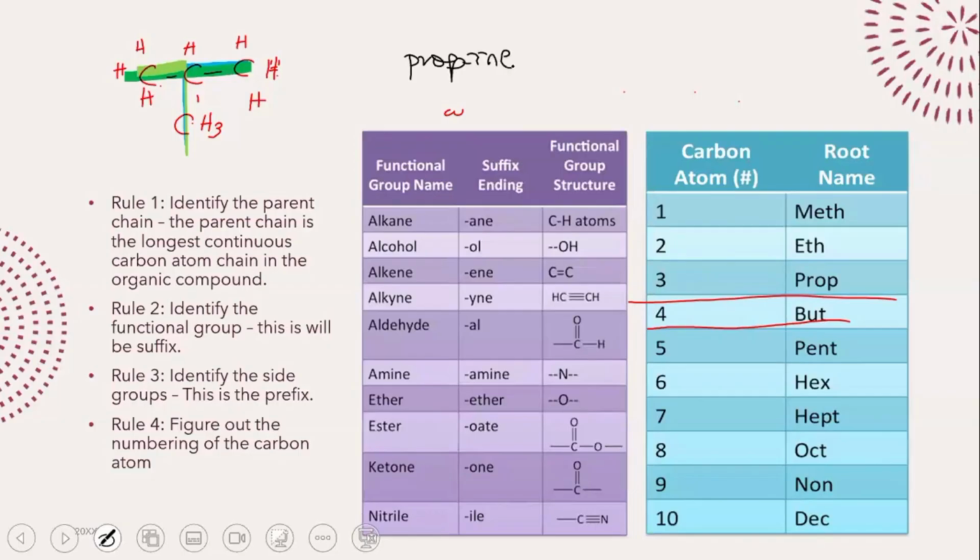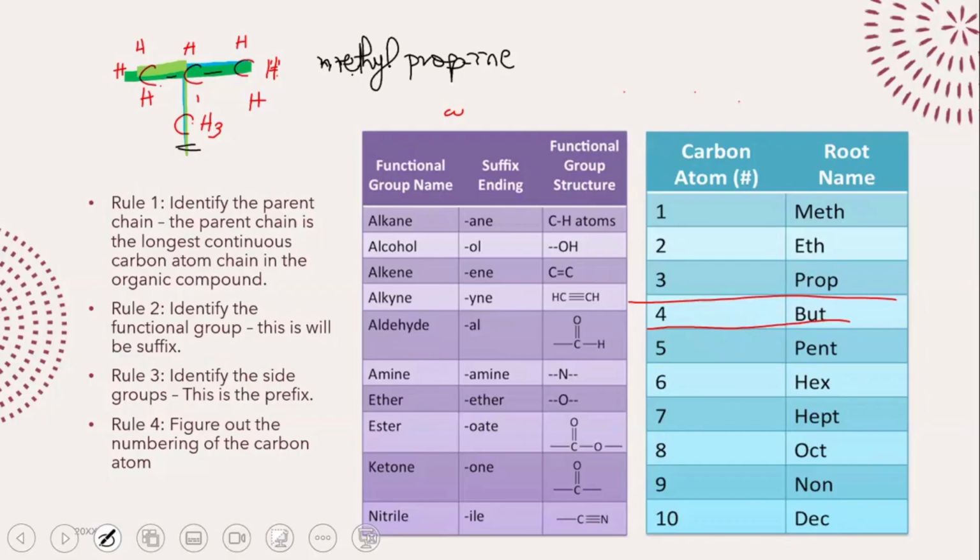Right? Now, I have to identify any side chains that might be present. I do have a side chain. I have a CH3 group, right? This has got one carbon atom. Since it has one carbon atom, we will say methyl.